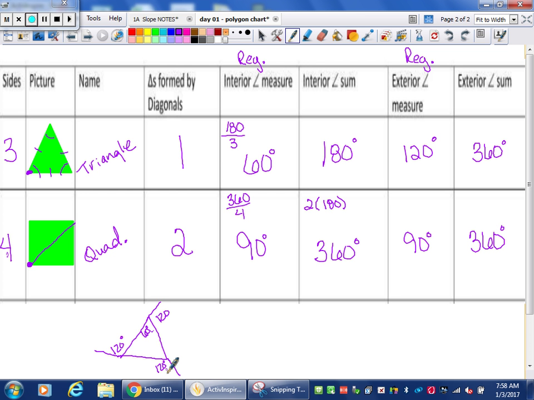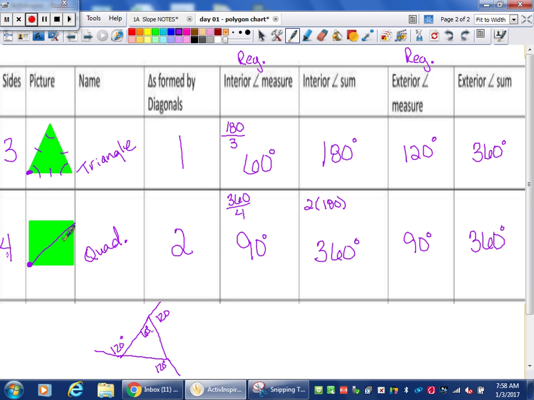Okay? So if we look at a quadrilateral, we're going to do the same process. 4 sides. Here's the picture of it. It's a quadrilateral. How many triangles can I form by my diagonals? Again, I start at one vertex. That's the only vertex I can draw diagonals from. I can draw one straight across to this vertex, and it's not making a side of my quadrilateral.